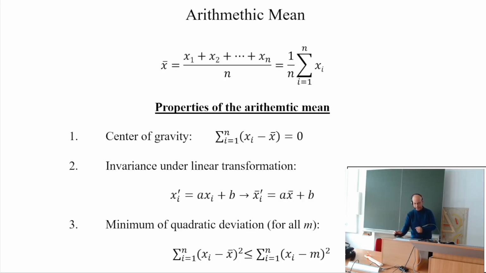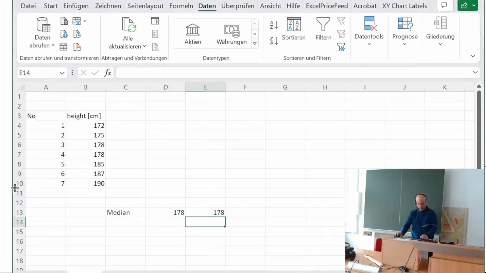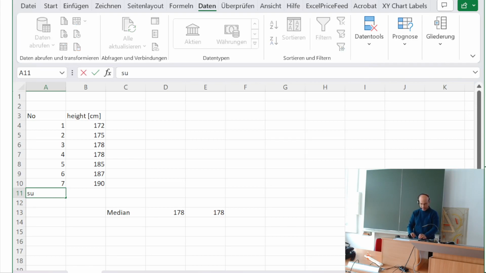The next one, arithmetic mean. The arithmetic mean is just summing up all the numbers you have and dividing by the amount of your data set. Then you can take your calculator and type in 172 plus 175 and so on. But I think it is also quite good that you practice how to calculate it within some standard software like Excel.